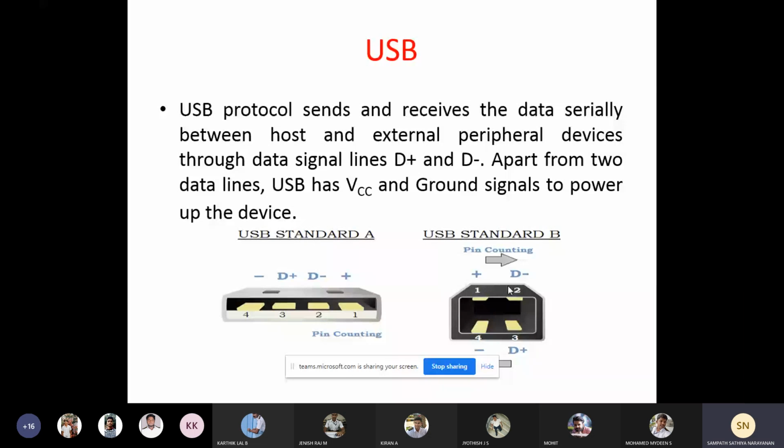USB can support various types of data transmission: synchronous, asynchronous, and isochronous data transmission also. A very simple communication protocol with just 4 pins.